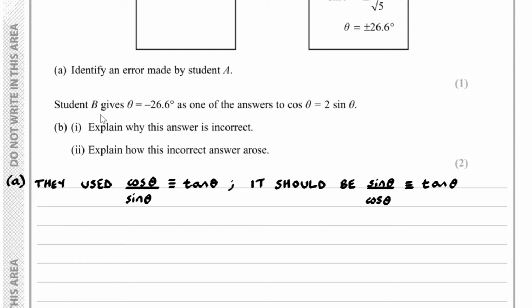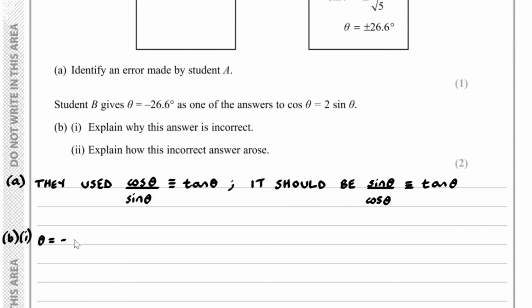Now, student B gives theta to equal minus 26.6 degrees as one of the answers to cos theta equals 2 sin theta. We have to explain why this answer is incorrect and explain how this incorrect answer arose. Well, if they got minus 26.6 as one of the solutions, let's see if that solution is correct.